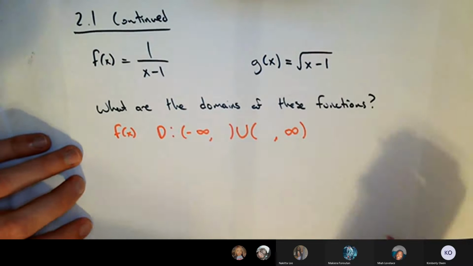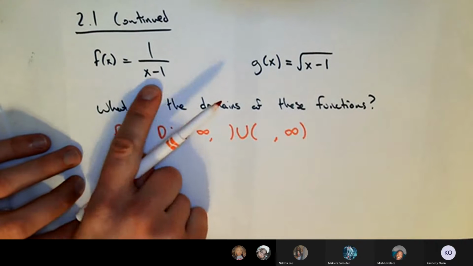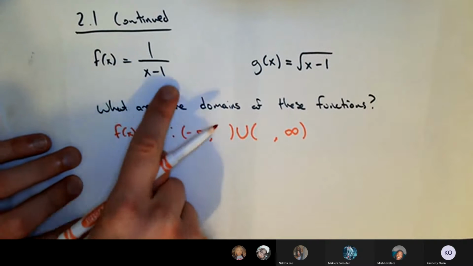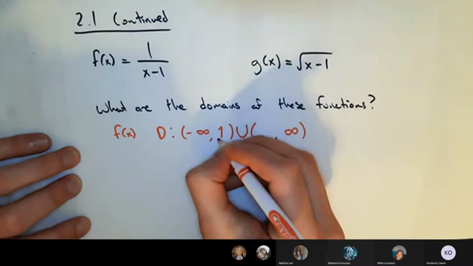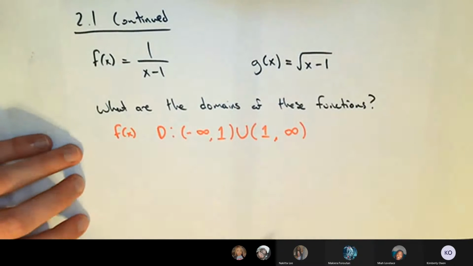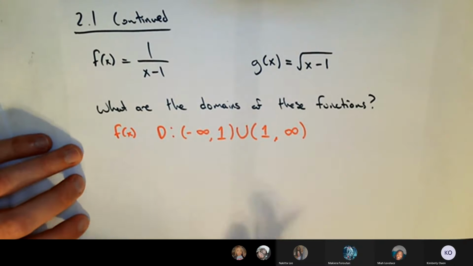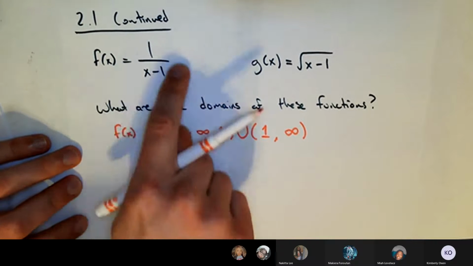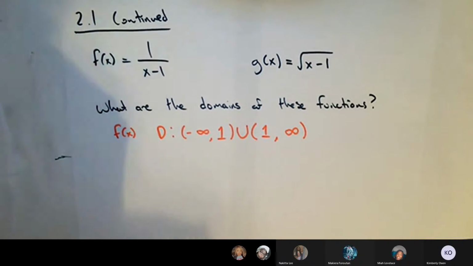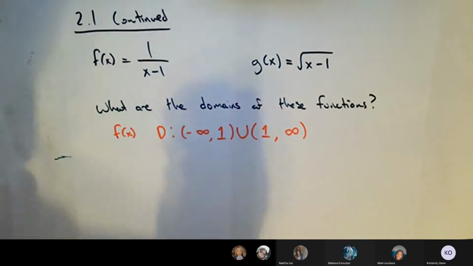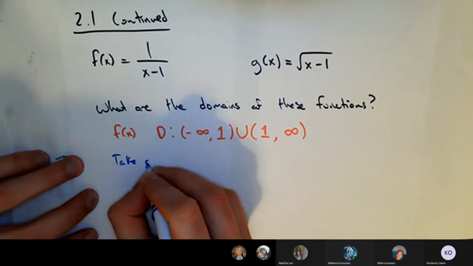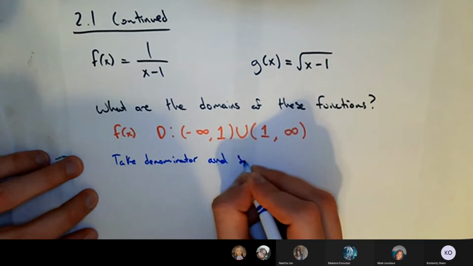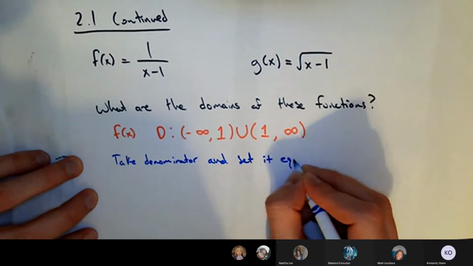But the point is, for this particular function, f of x equals 1 over x minus 1, the value that cannot be plugged in is 1, because that will yield a 0 in the denominator. So the number 1 is the number that's not allowed. In general, if you have a function with a variable in the denominator, you're going to take the denominator and set it equal to 0.